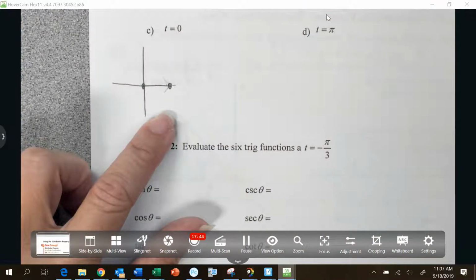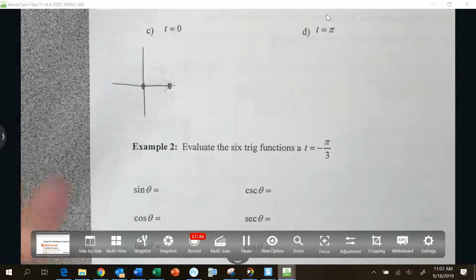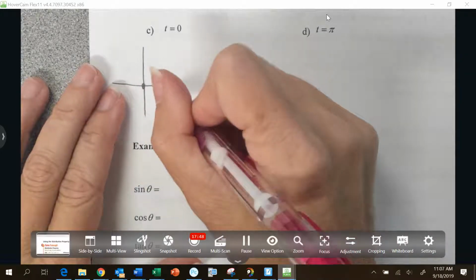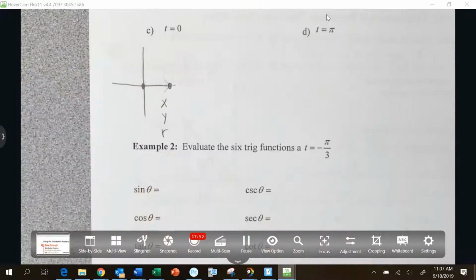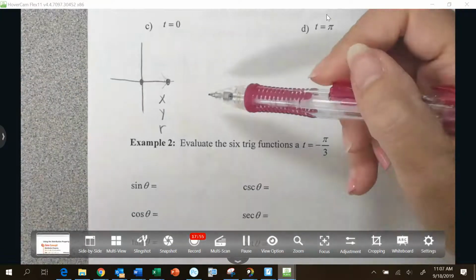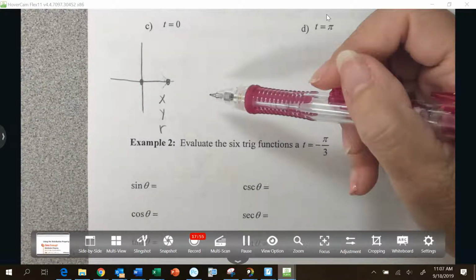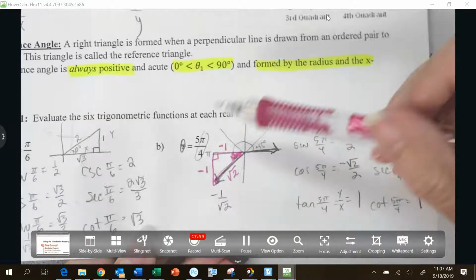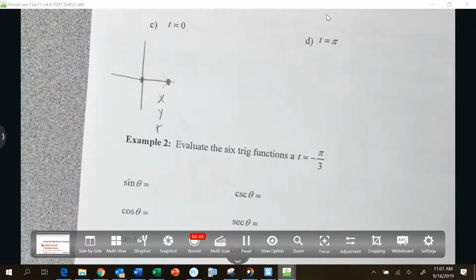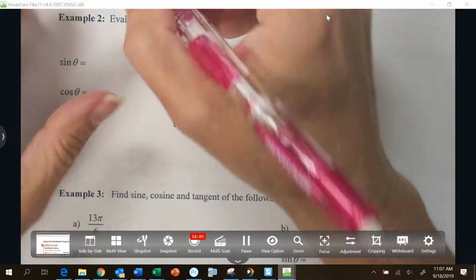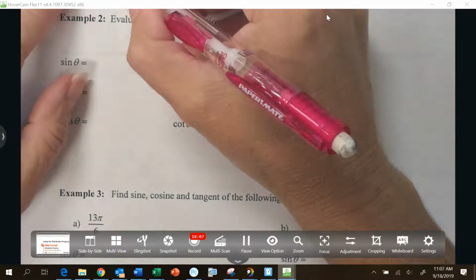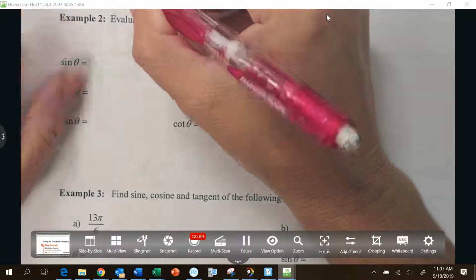That's where our ordered pair is. So when I talk about x, y, and r, is this a unit circle, or do we know? It didn't say it's a unit circle, so we don't really know. And I'm going to tell you it's not going to matter. I can even call it x and y if I want.